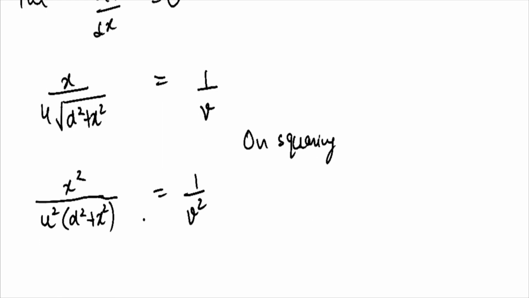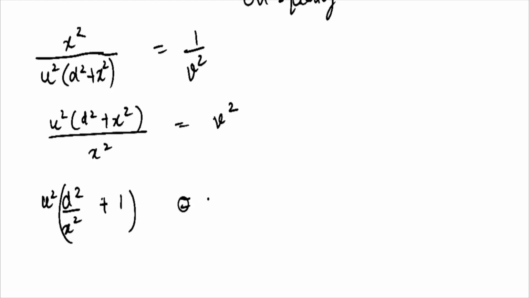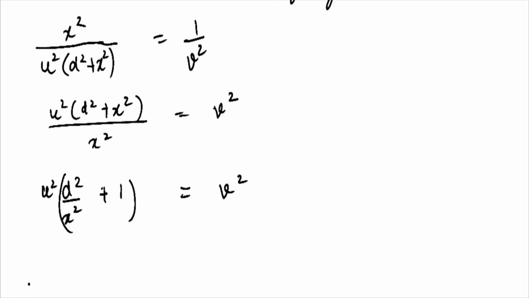Now we will find the value of x from here. Let's take the reciprocal of this. So this is u square into d square plus x square divided by x square, and this is equal to 1 by v square, but this will also get reciprocal, and this will be v square. So from here we can see that, breaking the numerator, this will be u square d square divided by x square, plus x square divided by x square will give 1, and this is equal to v square.